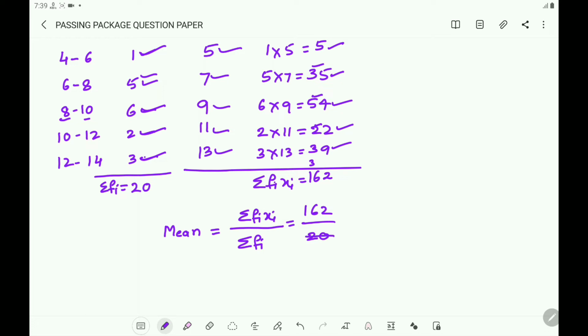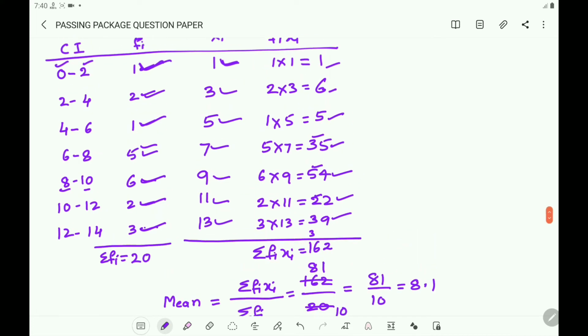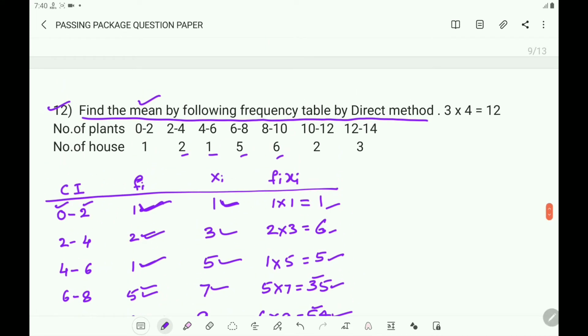Then you know that 2 tens are 20, 2 8s are 16, again 2 1s are 2, you will get 81 by 10, which is equal to 8.1. That is the mean of the given data by using direct method.